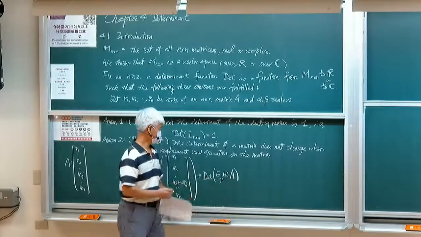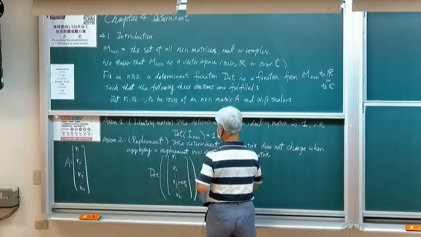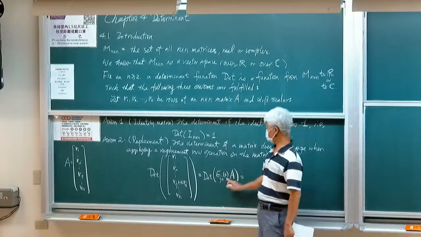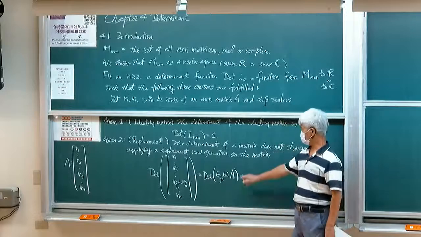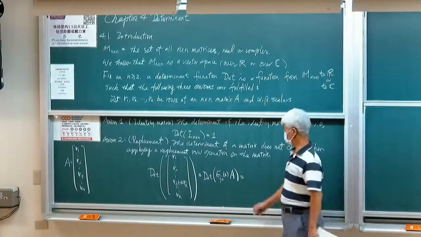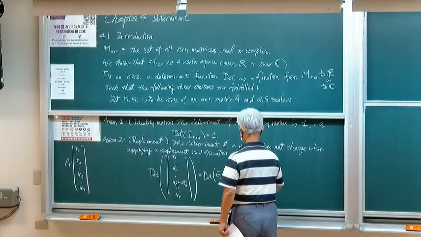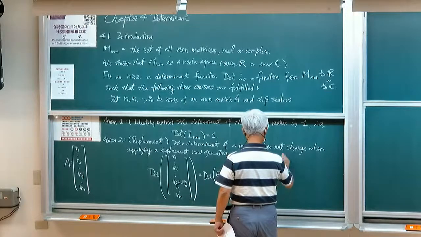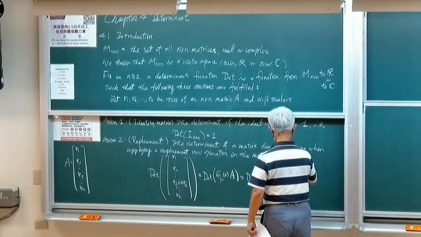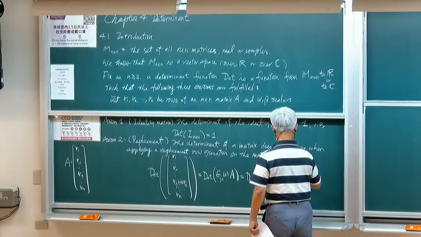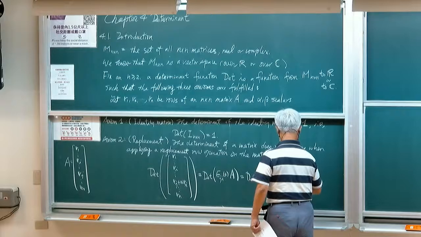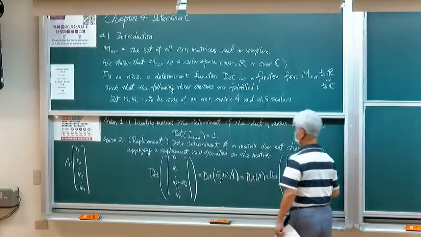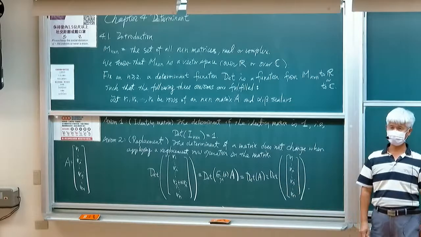And the axiom says that even though we do such a row operation, the determinant value will not change. This is the second axiom.